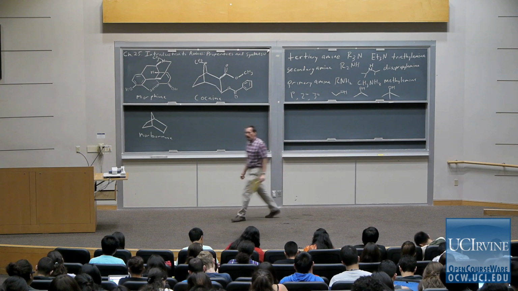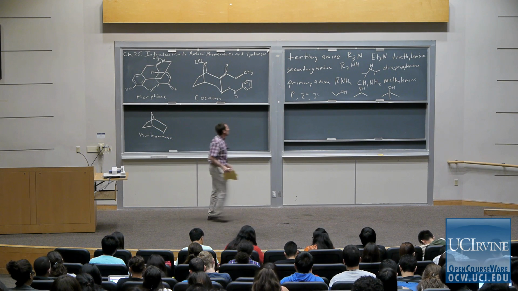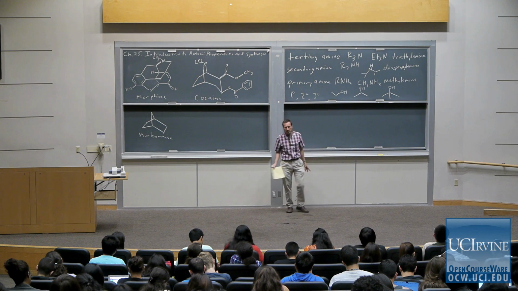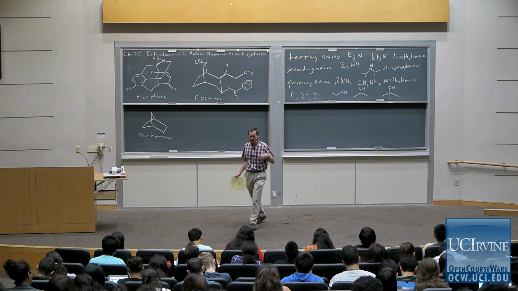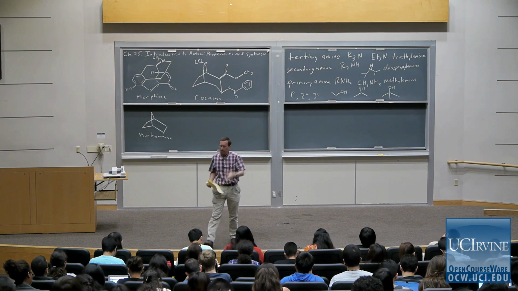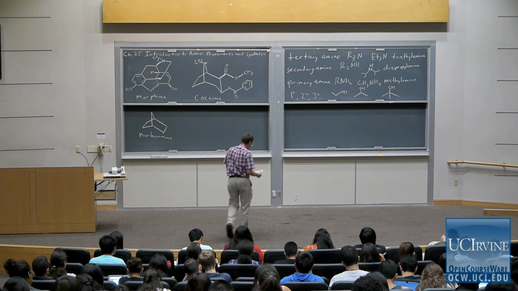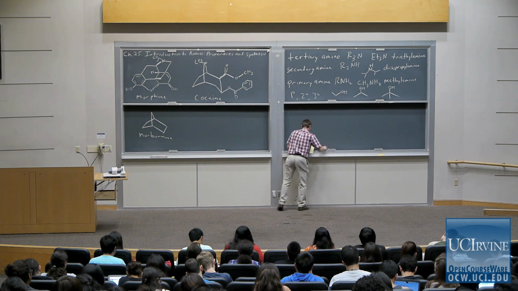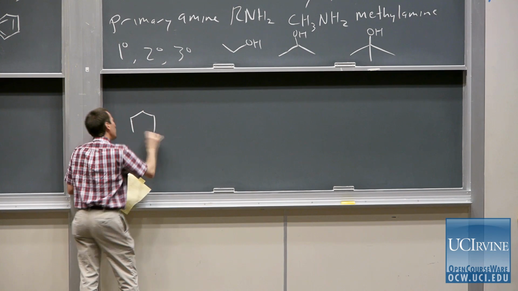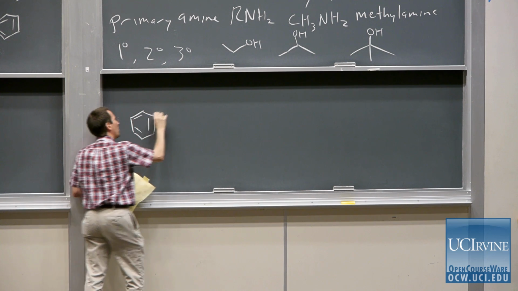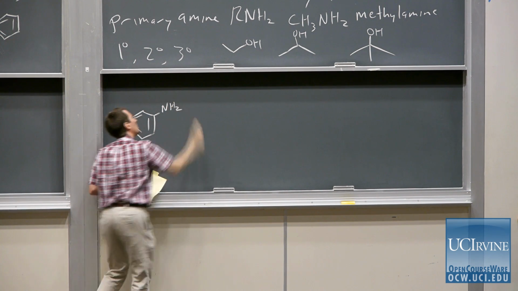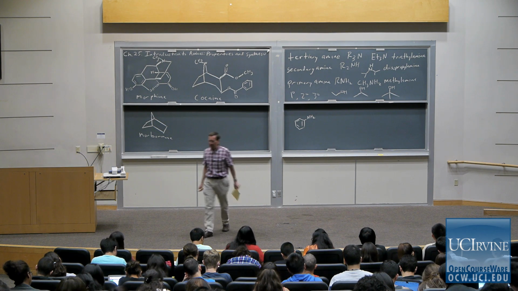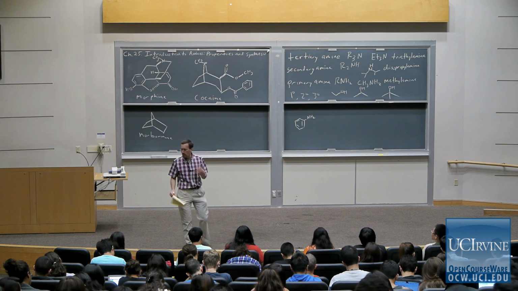All right, I want to maybe show us a couple of aryl amines. So these examples here are all alkylamines. And there's some real differences in reactivity and even differences in the structure and bonding of aromatic amines and aliphatic amines. So I'll just show you a couple of aryl amines. Because the chemistry of amines is so old, so many of these compounds have common names that are used in preference to a more systematic name.